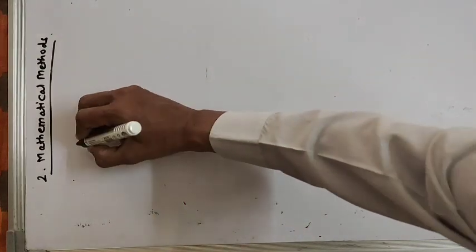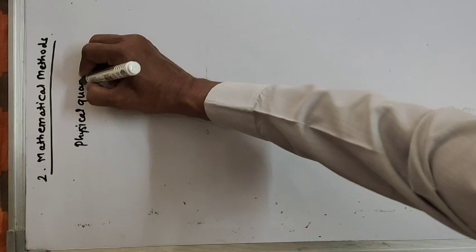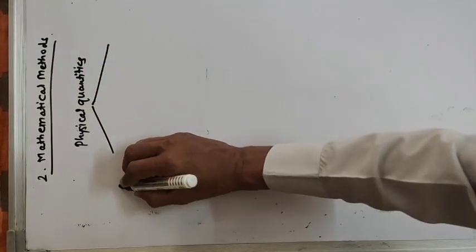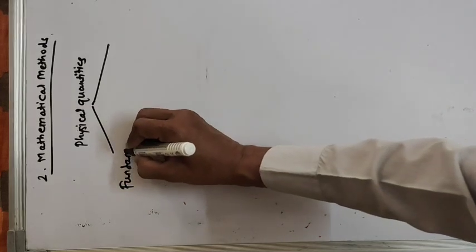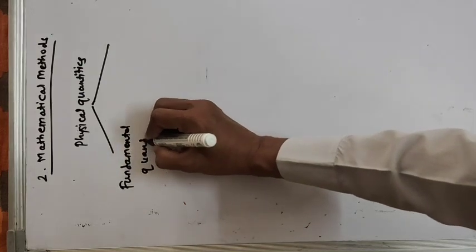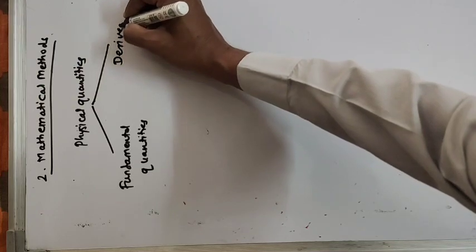Today we are going to see the 11th physics second chapter, mathematical methods. In the previous chapter we have studied different aspects of physical quantities, that is fundamental quantities and derived quantities.